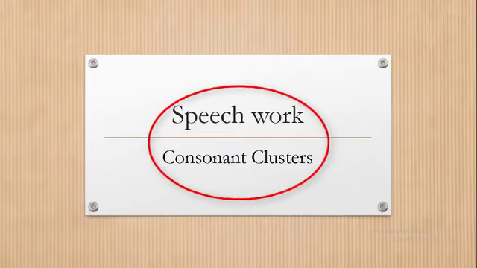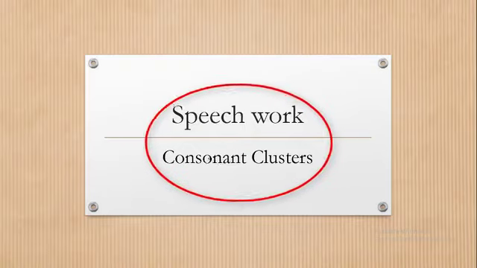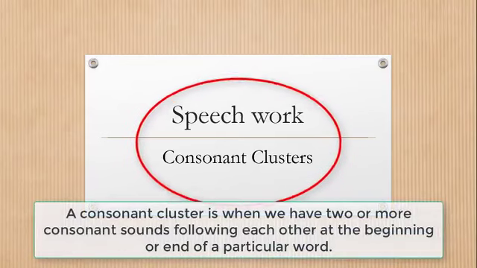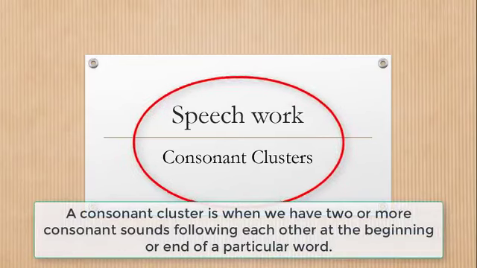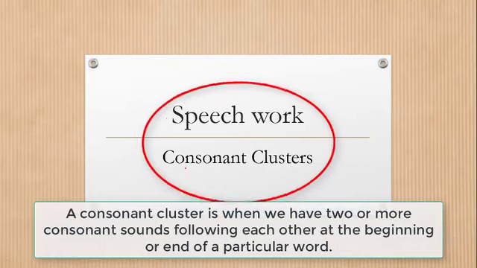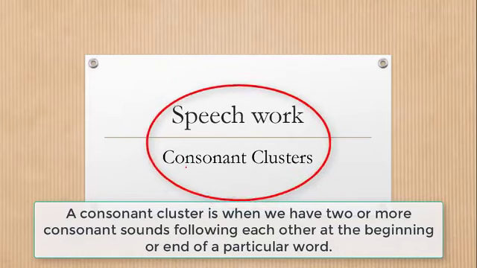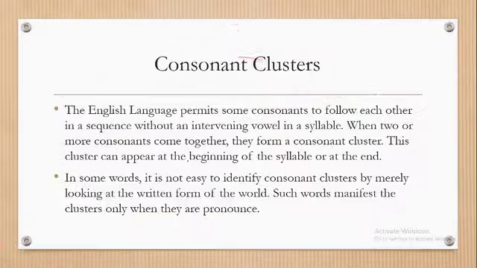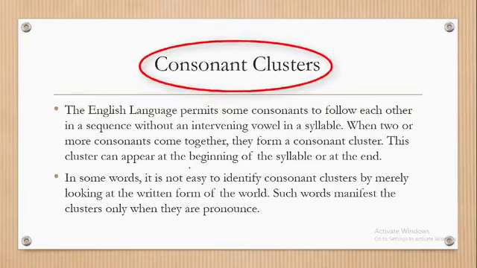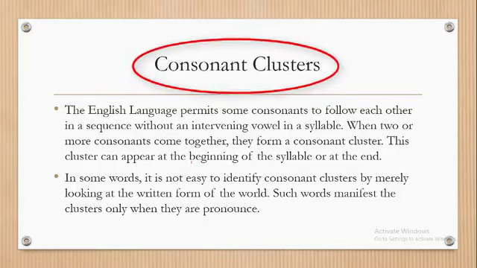So, what is a consonant cluster? A consonant cluster is when we have two or more consonant sounds following each other or coming together at the beginning or at the end of a particular word, in a sequence without an intervening vowel in a syllable.